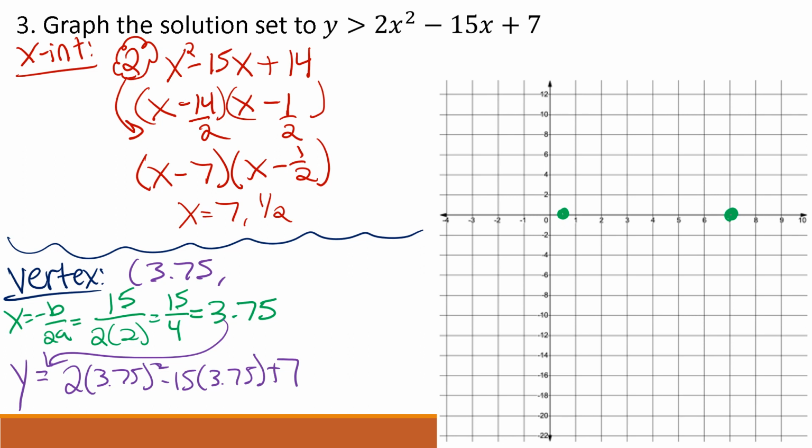So it's 28.125 minus 56.25 plus 7. Then add everything together, I think you get negative 21.125.